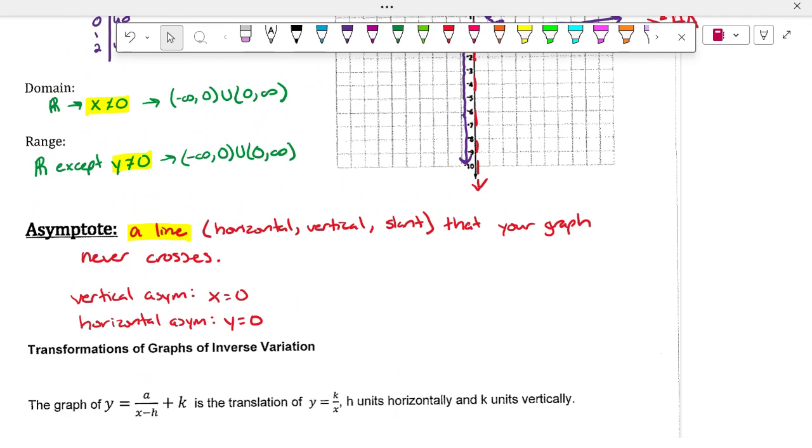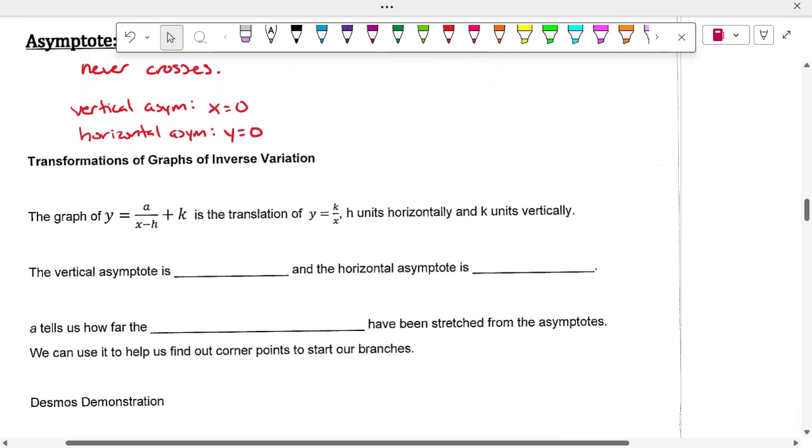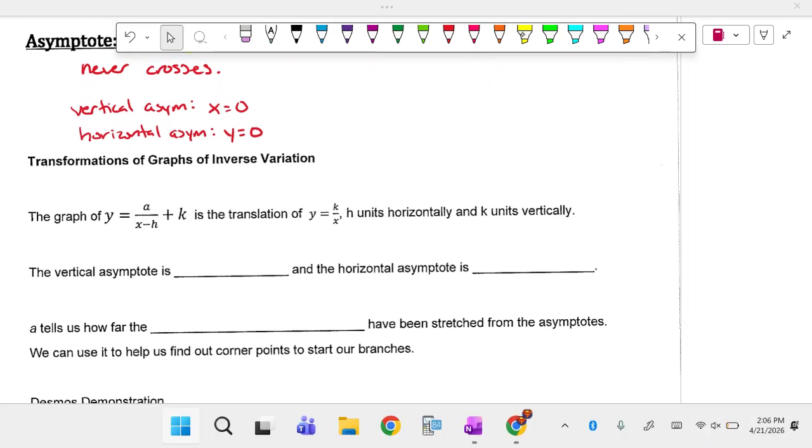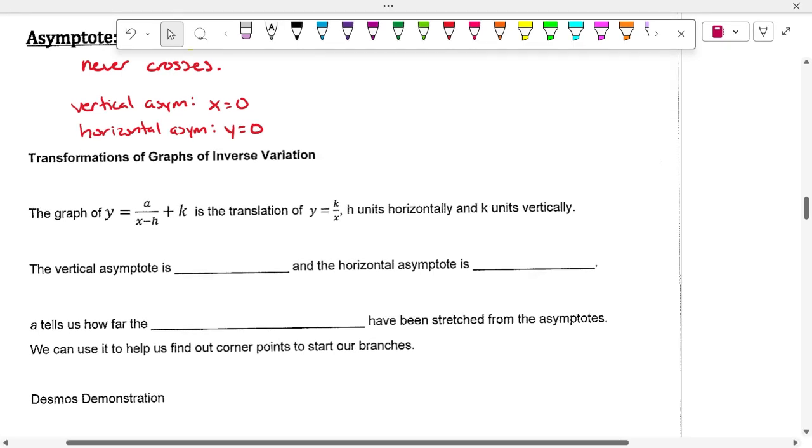Now, transformations of a graph of an inverse function. So this is typically how you would see your graph.